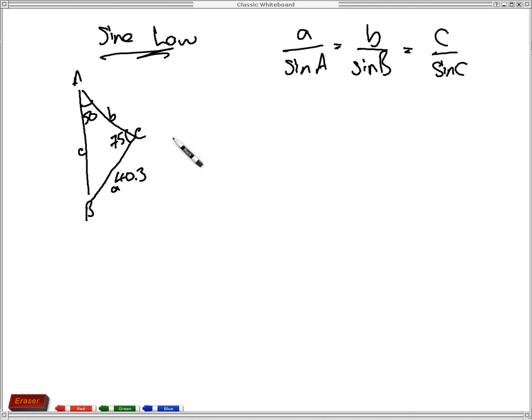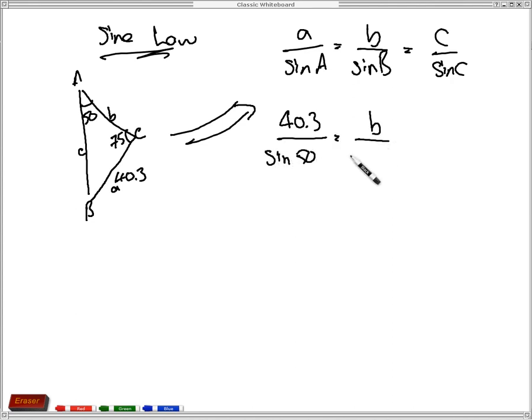Now the sine law. Let's just put all the values I know from this straight into that equation and see what we get. I get 40.3 over sine 50 is equal to B over sine 55 is equal to C over sine 75.